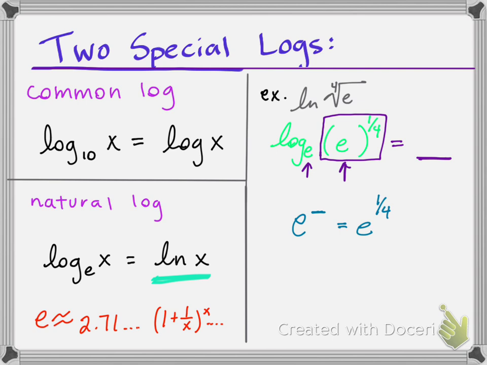Well, logically, if they have the same base, just like that example we did with the 2's in the very beginning, then I'm allowed to drop the base and say that the power must equal 1/4. So this guy here must simplify to 1/4. I'd suggest finding homework questions like this, as they definitely show up on future quizzes.